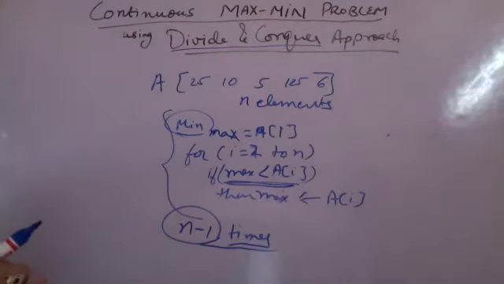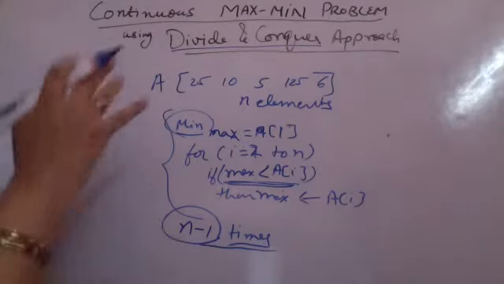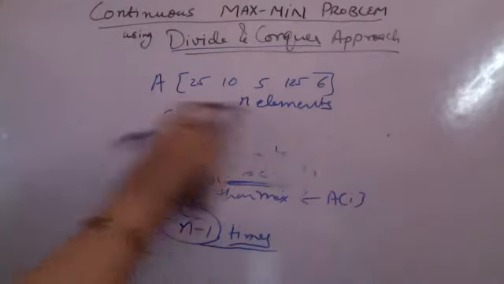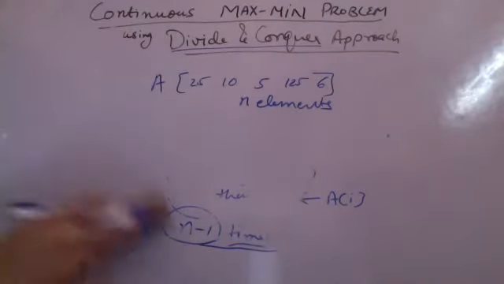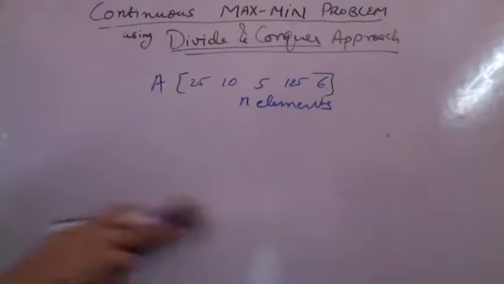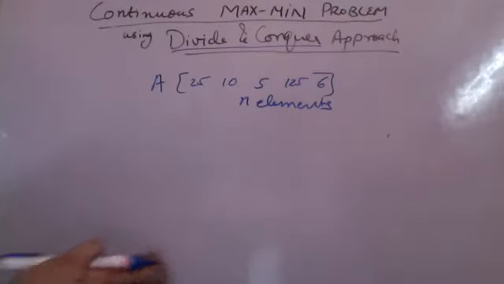Now if I want to find the maximum and minimum simultaneously, that is the continuous max-min problem, meaning I am trying to find the maximum and minimum in the given list at the same time. In that case, how many comparisons will happen?